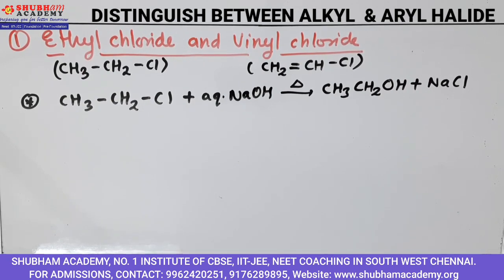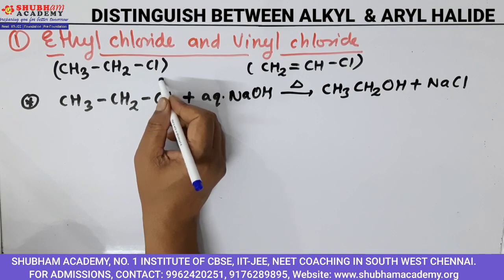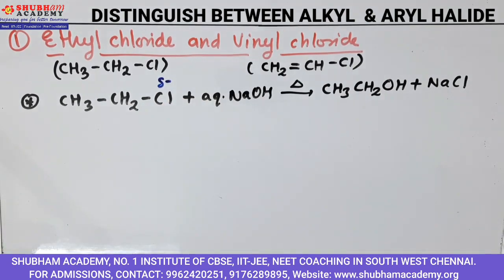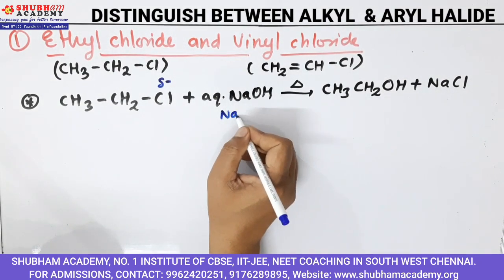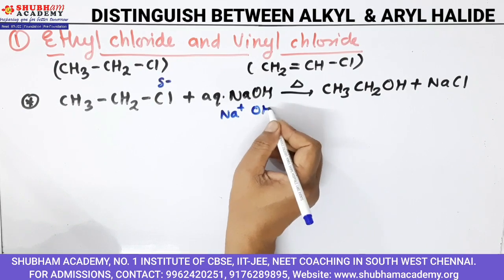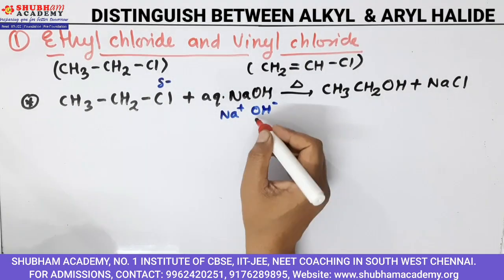Just try to understand this, that here you have a polarity in the bond, right. That means Cl is partial negative, right. In aqueous medium, NaOH will split as Na plus and OH minus, right. Now you can see here I have two nucleophiles in this.